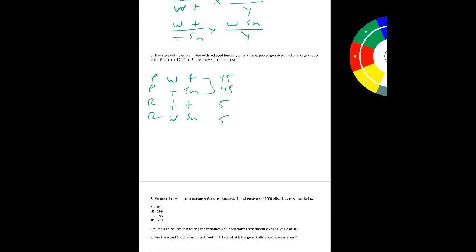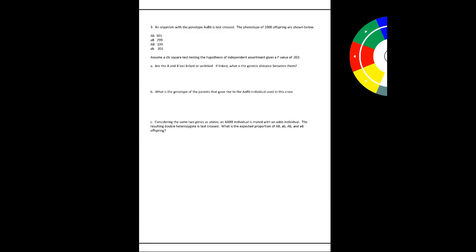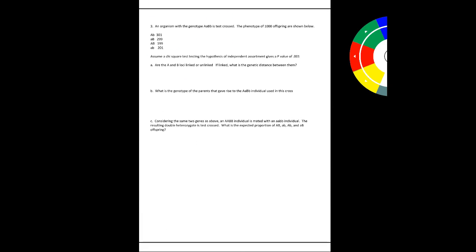And you could also do a 3-point cross with X-linked genes if you wanted to. Here's another one, pretty similar to all these other guys. This is super easy. Well, I don't know how easy it is. This looks like about 300, 300, 200, 200.